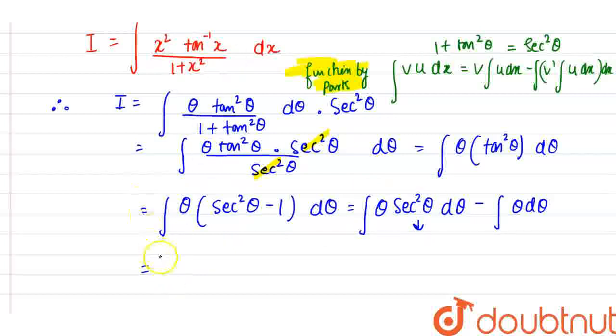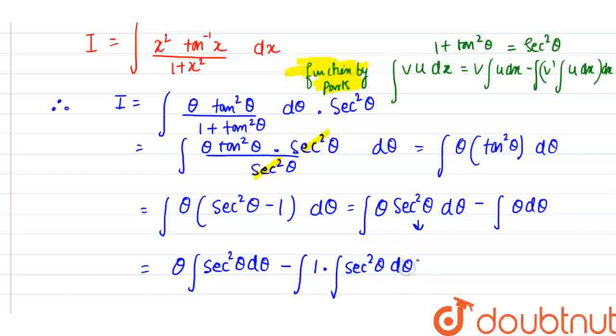So guys, let's start solving this question. We consider theta to be the first function. So theta times the integration of secant square theta d theta, the second function, minus the integration of the differentiation of theta, which is 1, times the integration of secant square theta d theta, and there is again minus the integration of theta d theta.